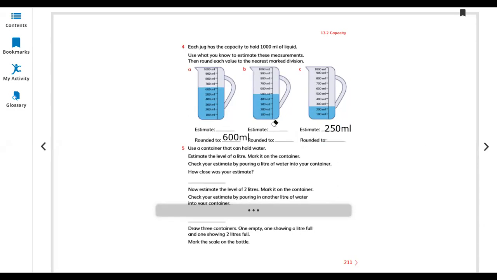This is actually 290, nearest 300. 500 ml. This is 250. It's nearest to 300.